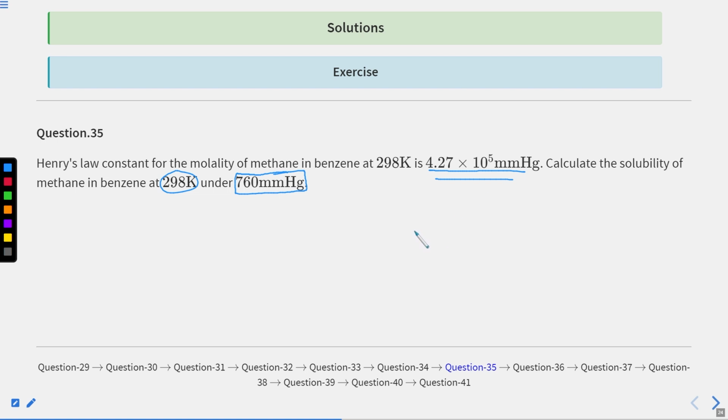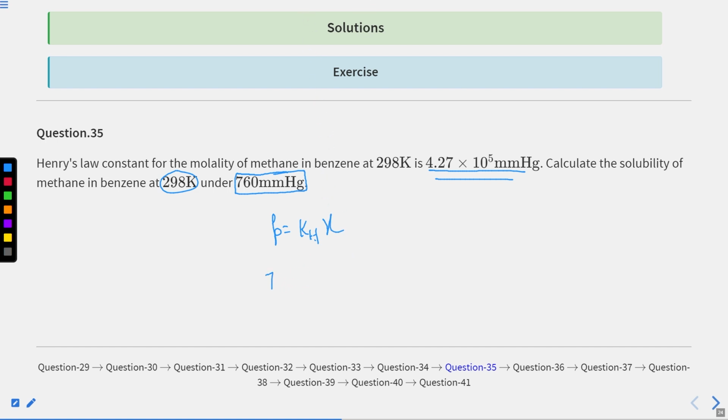Okay, so we know the formula for the Henry law constant: we can write P is equal to Kh chi, where chi is the mole fraction.